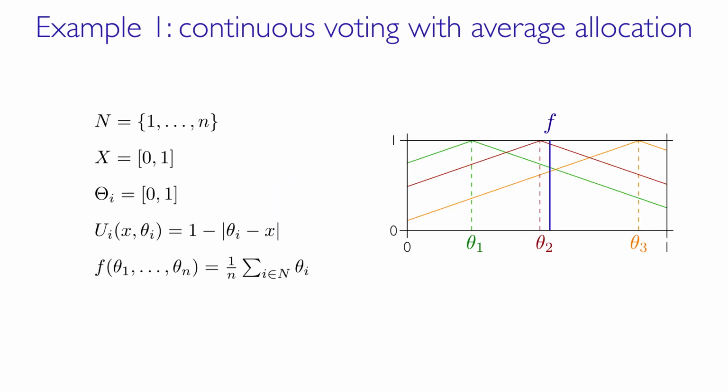Consider the example of continuous voting with average allocation, where the utility of each player is maximum when the outcome is exactly the type, and then the utility decreases linearly as the distance between the outcome and the type increases. Focus for instance on player 2, but the reasoning can apply to all the other players.